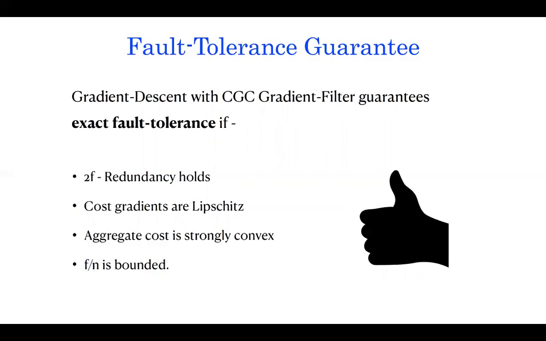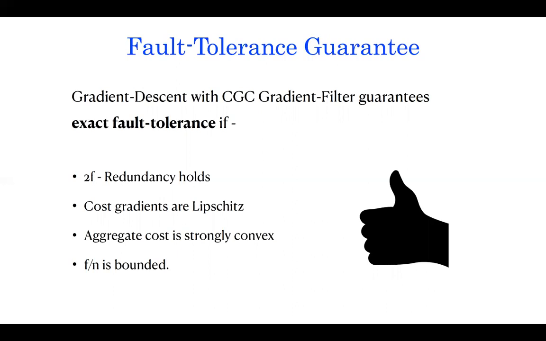Third assumption is that the aggregate cost of all the non-faulty agents is strongly convex. Now, this is a slightly stronger assumption than what we usually see in practice. However, you can make a non-strongly convex cost function strongly convex by techniques like one-shot regularization or iterative regularization, and it's fairly easy to extend algorithms that are applicable just for strongly convex cost functions to only convex cost functions.